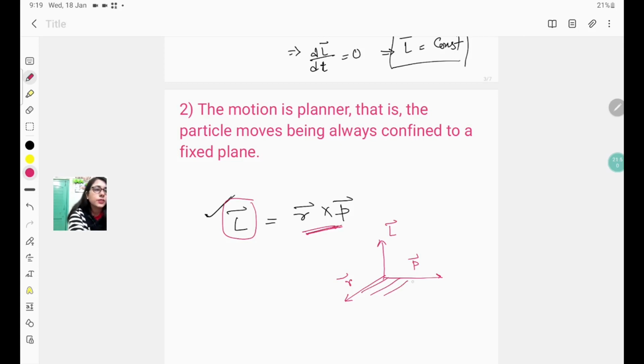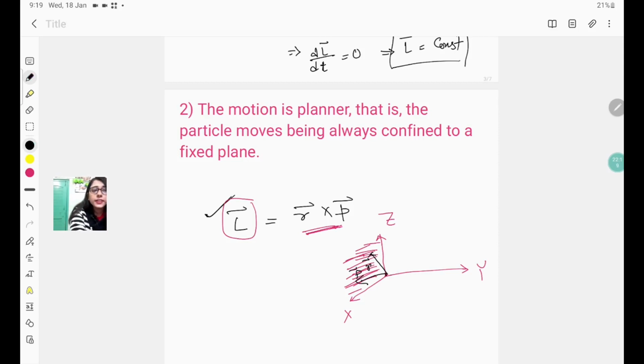So if this one is the plane containing r and p, L becomes this vector. Again, suppose this is x, this is y, this is z. Suppose this is the xz plane, and r and p reside in this plane. Suppose this one is r and this one is p. So r and p reside in this plane.